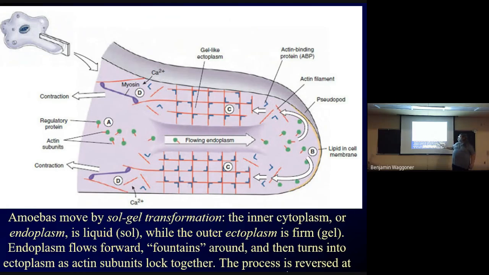When cytoplasm is in the sol state, the actin is broken into small pieces and the stuff can flow very easily. So the inner cytoplasm in the sol state, we call it endoplasm, can flow forward. When it reaches the front of a pseudopod, it kind of fountains around and goes in all directions. And as it comes back, it locks into gel. So just back of the advancing tip of the pseudopod, this flowing sol turns back into gel.